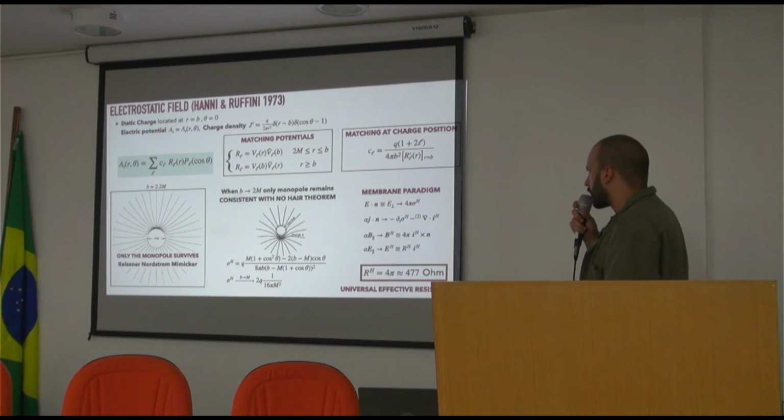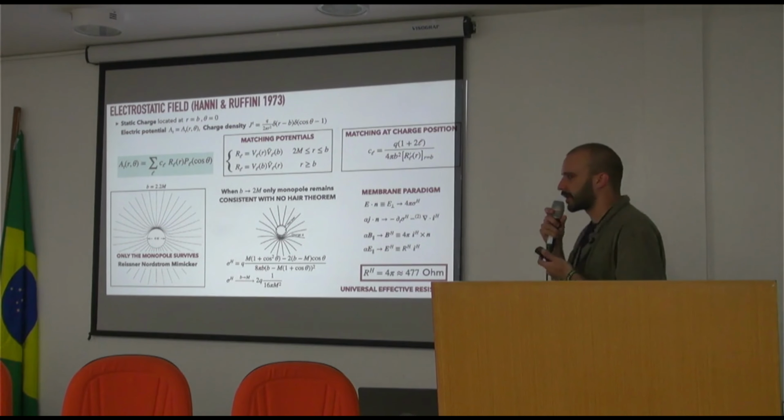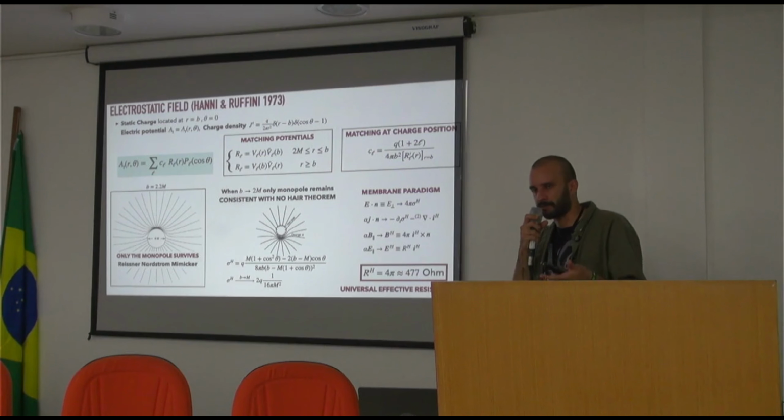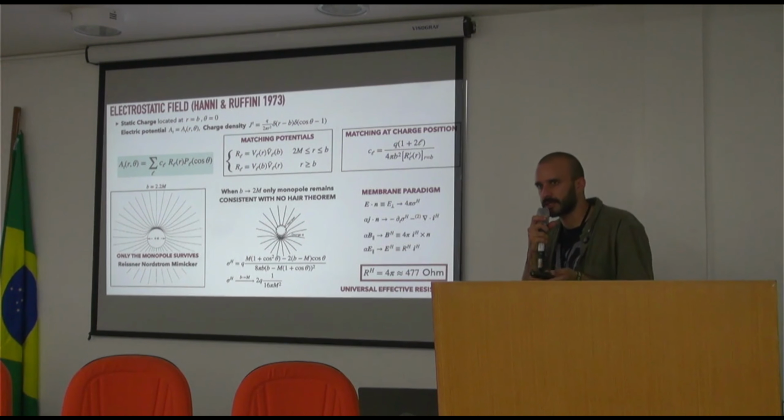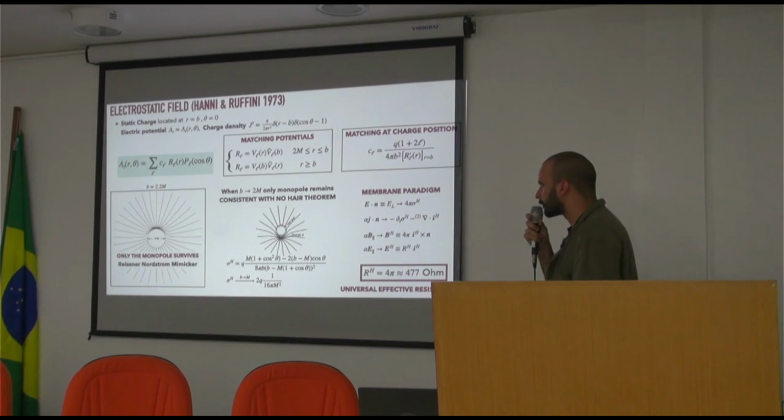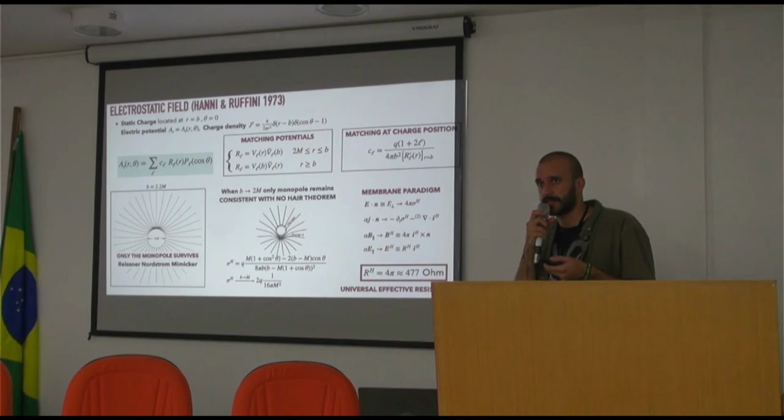So I presented this here because I think it's a rather interesting idea. The idea of the membrane paradigm is also still used in some contexts, like in the fluid gravity correspondence or in AdS/CFT, but is rather outdated in the context of astrophysics.